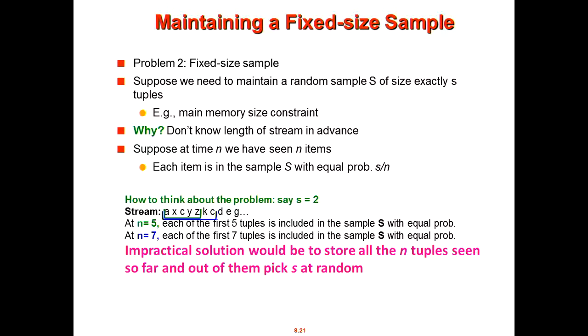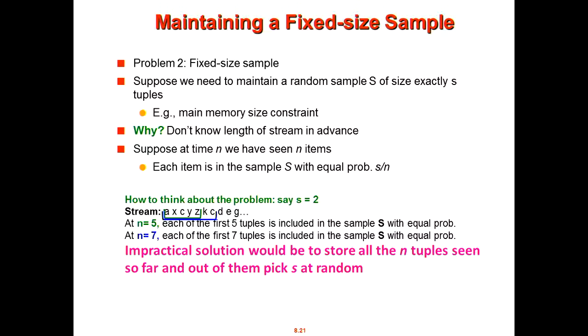That's what we want to achieve. We want to guarantee that all the elements we have seen so far are stored in the sample set with equal probability. So that is fair for all the elements, right? One practical solution is to store all the n tuples seen so far, and then out of them, we pick S at random. So this can guarantee the probability. All of them are selected into S with equal probability.